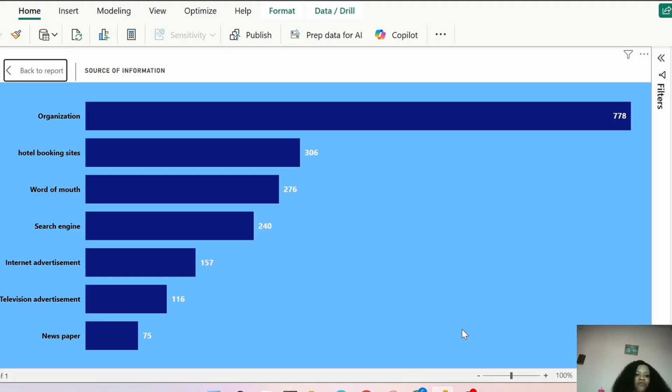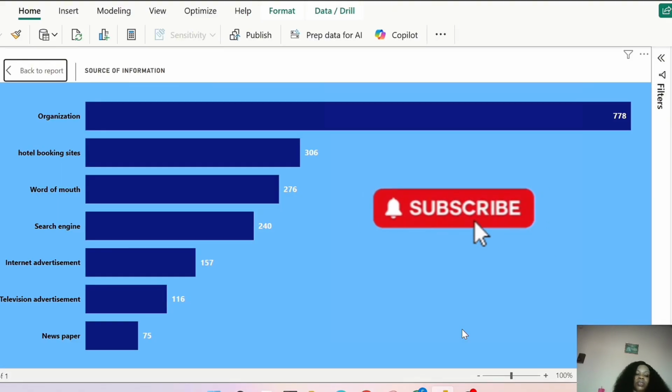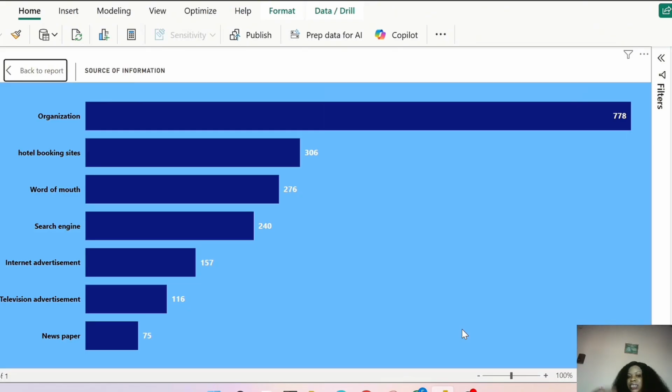These are the kind of recommendations I'm going to be giving this hotel, that let's work on our content, let's work on our ad presence, let's change our messaging. Can we cut off newspaper ads since it's not converting, so as to save us money, and then we can pour in that money into another platform?